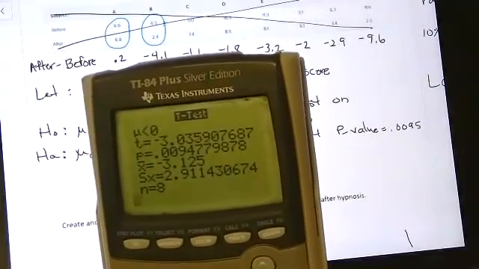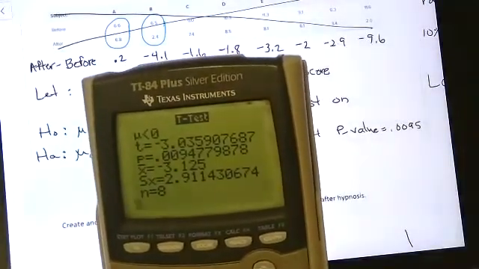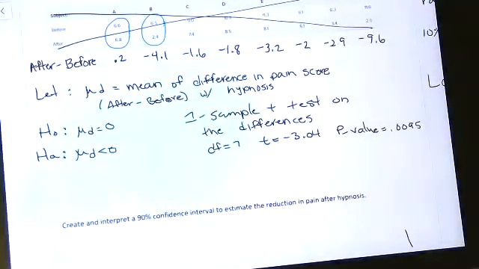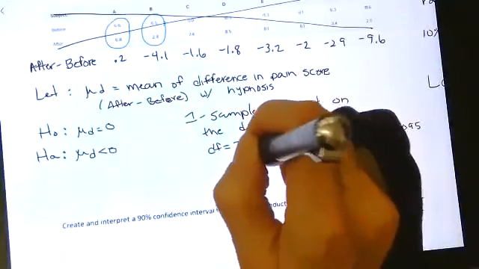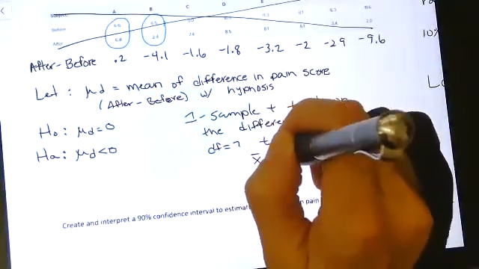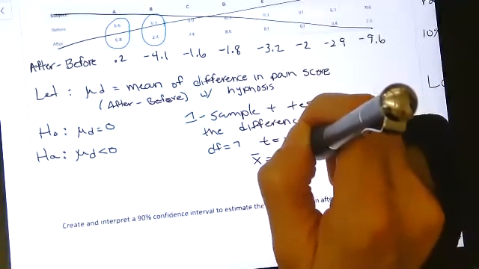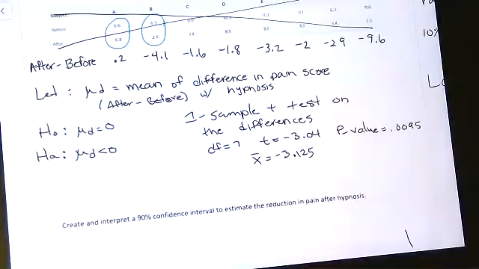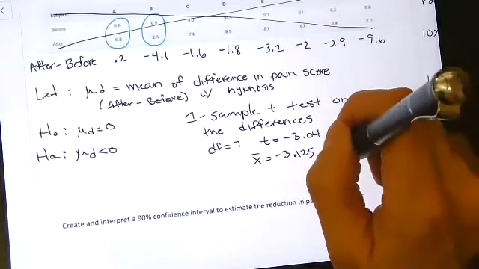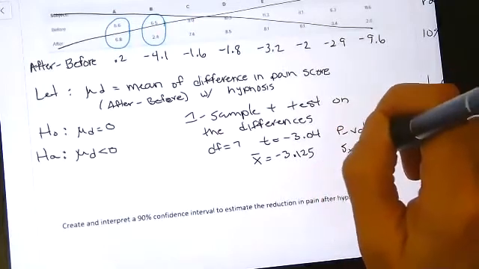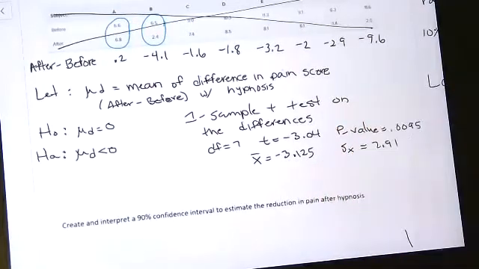There's my p-value right there. x bar, that's the mean from the sample, so it doesn't hurt to include that. In other words, our point estimate of the reduction in pain, we're estimating on average a reduction of negative 3.125, with a standard deviation of 2.91.